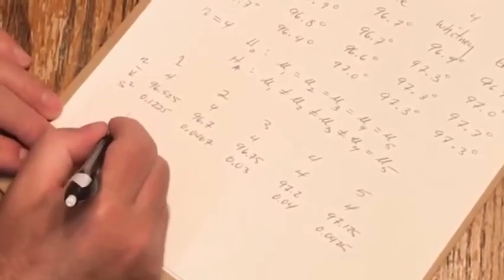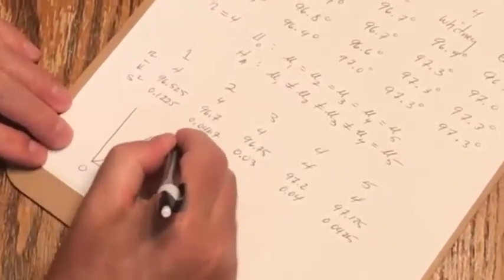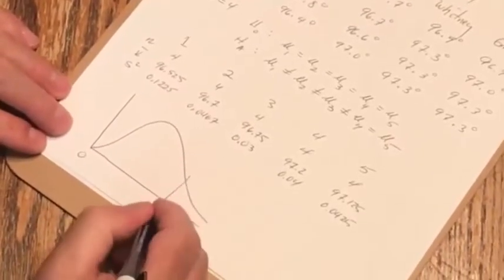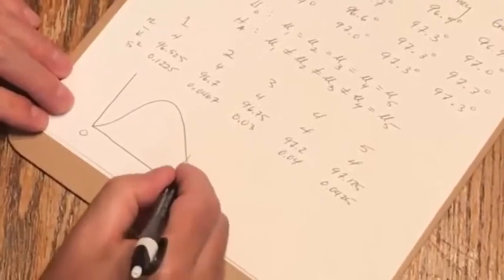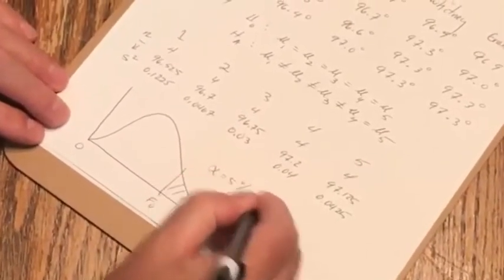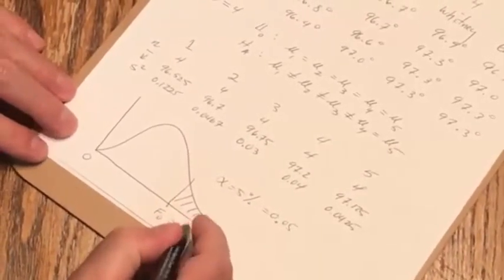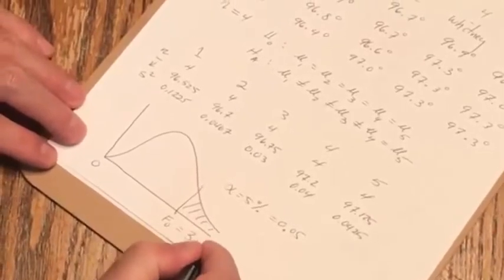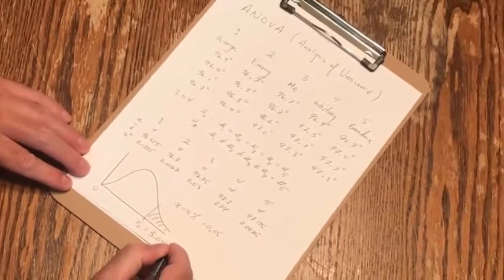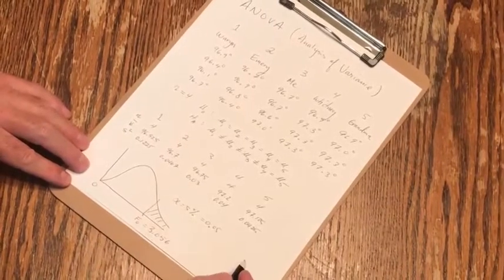So then what we want to do is figure out the setup for this right-tail distribution. Here, the F distribution is right skewed, starting off at 0, and we want this to be a right tail. So this is just a generic right-skewed curve. Here would be F naught, and we'll assume here a 5% level of significance, which is the same as 0.05. F is figured out to be 3.056, and we want to be beyond that cutoff point for significance.